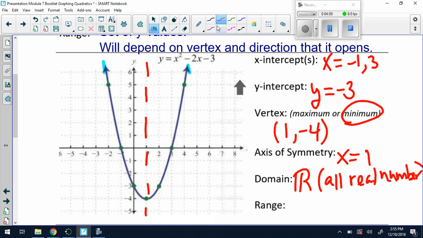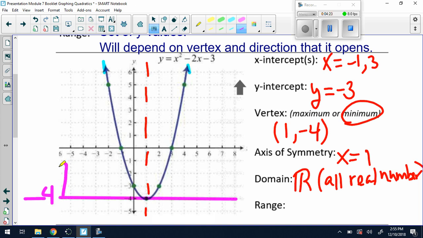Now, my range, I go top to bottom. So down here, my lowest value is -4. And I've got arrows up there, so it goes up forever. So my range starts at -4 and keeps going up. So y is greater than or equal to -4.